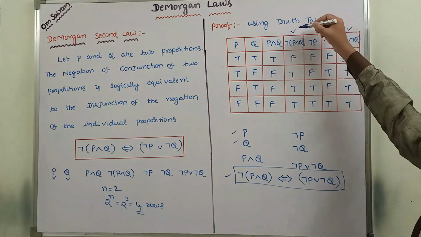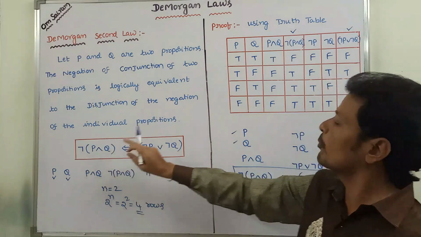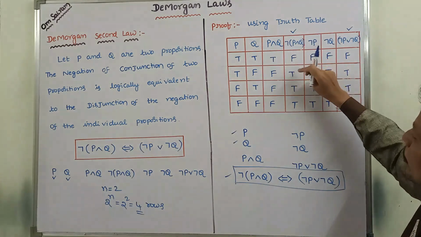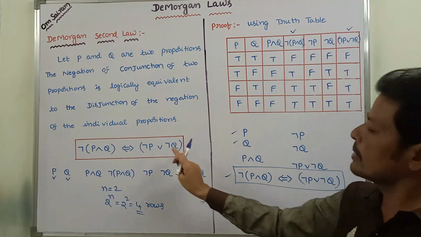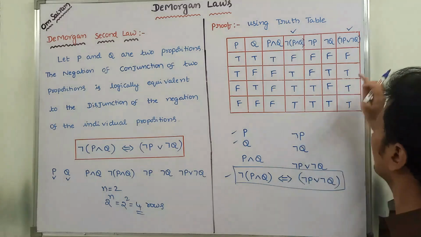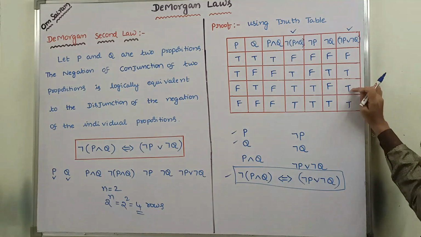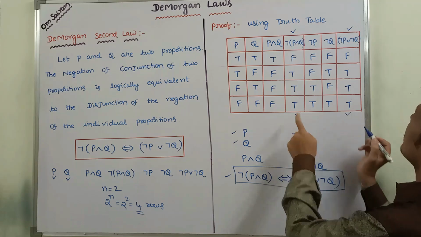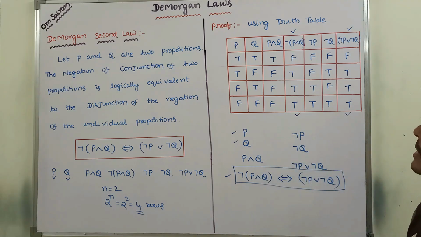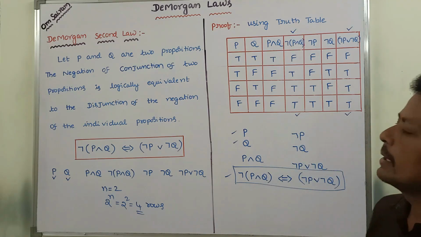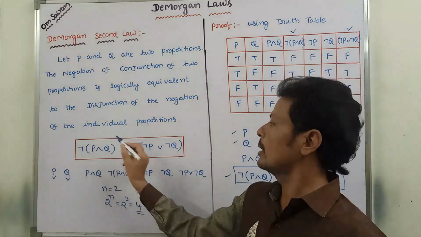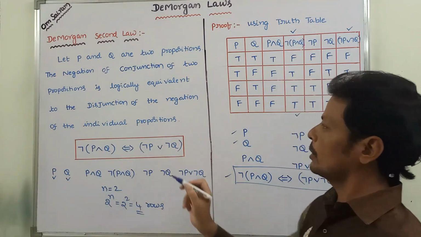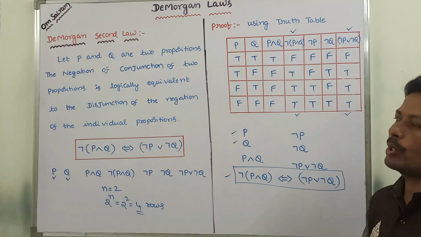What are the truth values of negation of P and Q? False, true, true, true. What are the truth values of negation P or negation Q? False, true, true, true. So both contain the same truth values. Hence, we can say that this compound proposition is logically equivalent to this compound proposition.